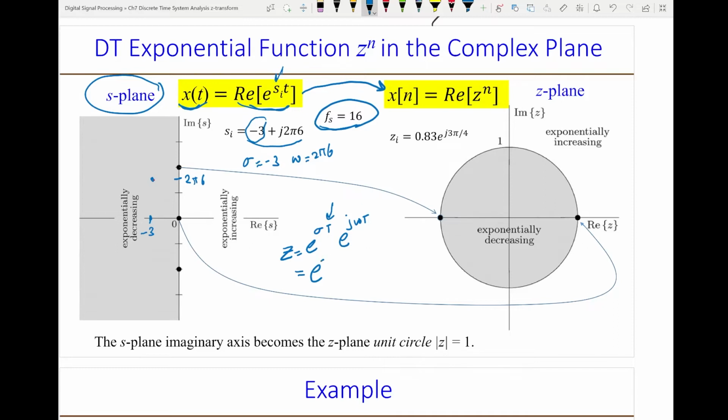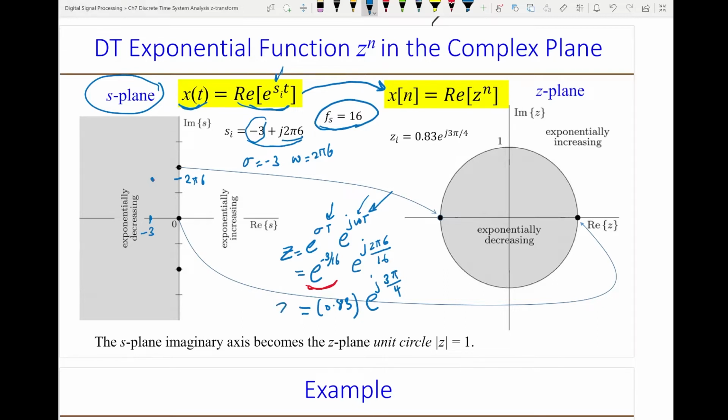So that will be e to the -3 over 16, times e to the j 2 pi, omega here is 2 pi times 6, and that sampling interval T is 1 over 16, 1 over the sampling rate. If you use your calculator to find this, you will find it is 0.83 e to the j 3 pi over 4.